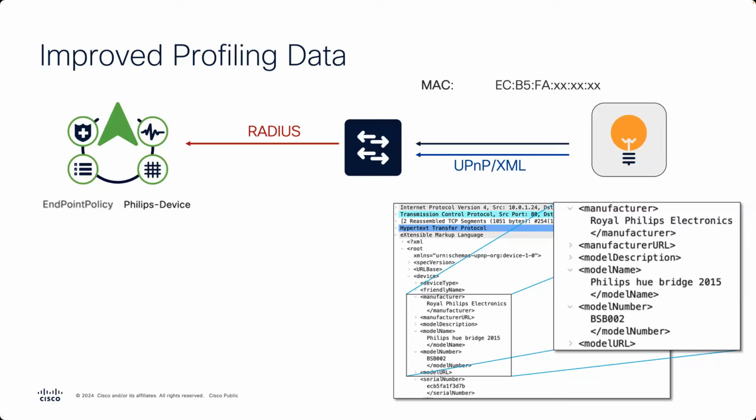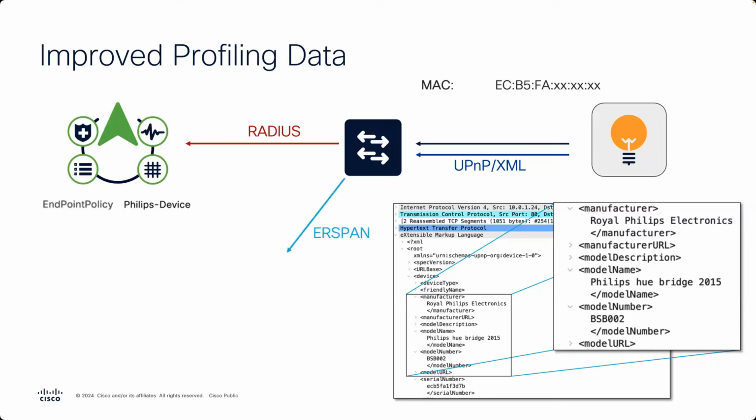And that entire conversation, we can analyze for additional information, including, you can see in here, the model number, the model name, and additional details about this endpoint that are extracted from that XML data. So had that data been sent to ISE, I would learn a lot more about it.